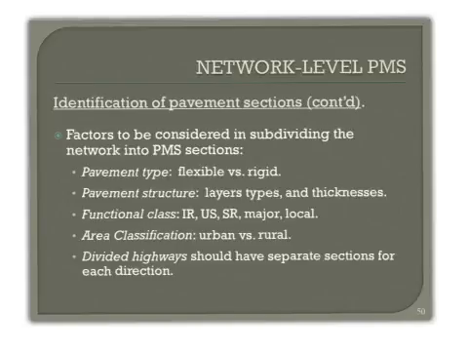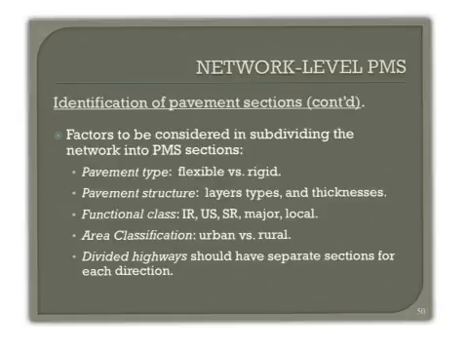I also can subdivide my network based on the functional classification, whether it is an interstate route, a US route, a major road or a local road. This also gives me a chance to subdivide my network into a few PMS sections. Also the area classification, urban versus rural areas, can be a good factor to consider in subdividing the network.